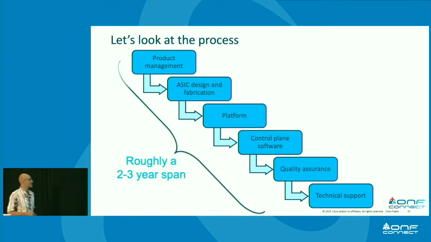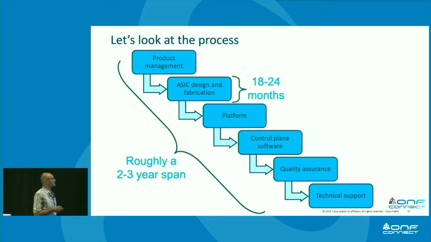And if we look at the overall duration of this process, it is 2 to 3 years. Okay, yesterday Nick was saying 4, but finally it doesn't change much. And of these 2 to 3 years, the ASIC design and fabrication takes between 1.5 to 2 years.